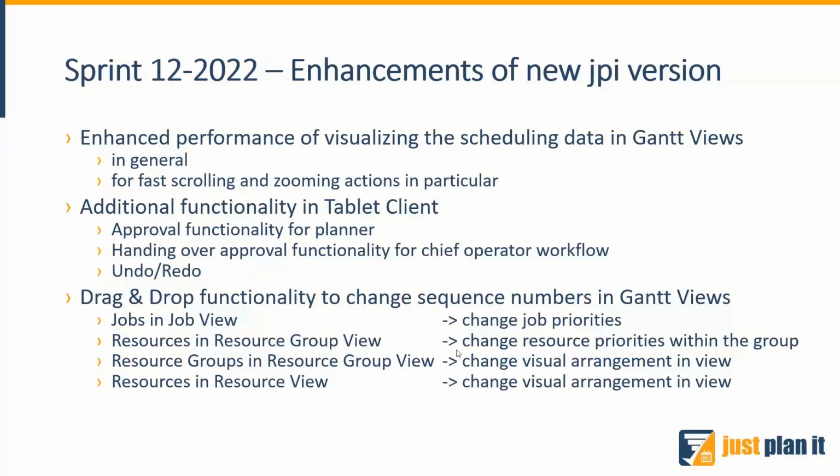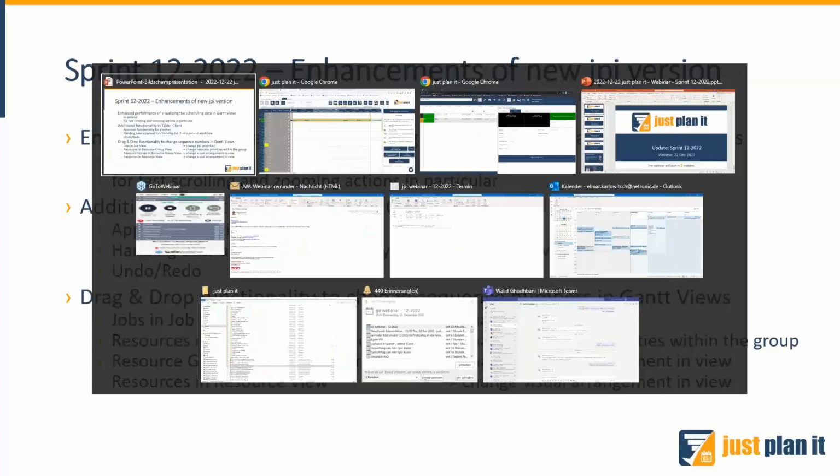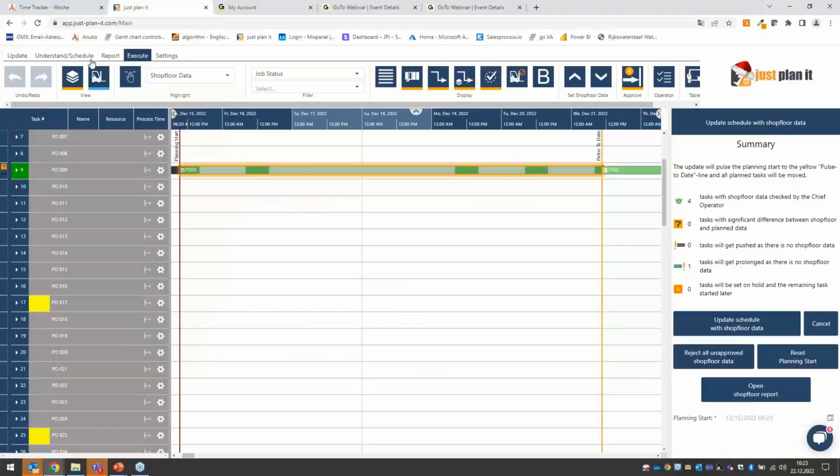If you change the sequence number within a resource group, then the sequence number of a resource is mirroring the preference of the resource within the group. The lower the sequence number, so the higher the priority, the faster this resource will be taken to be scheduled for a referring operation. And the two others just have visual arrangements, but let's have a look again into the application, how that looks like.